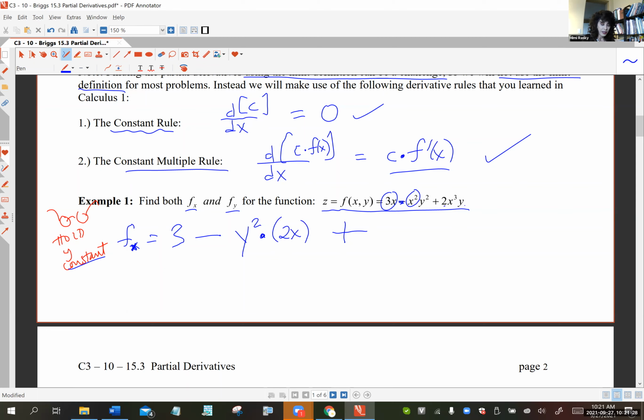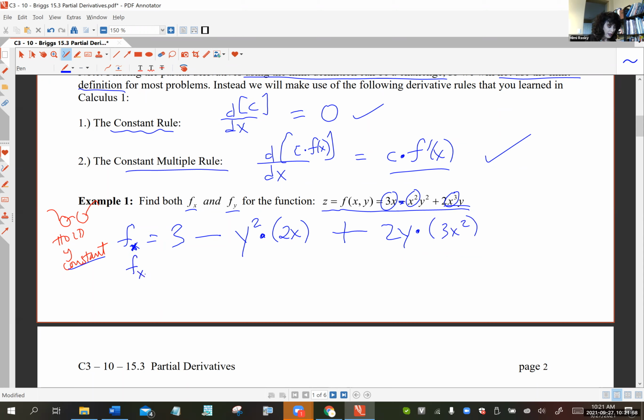Plus, now the very last term, the derivative of 2x cubed y with respect to x. So the 2 and the y together just look like some constant multiple. So copy it down for the ride, and you're going to multiply that constant multiple with the derivative of x cubed with respect to x, which is 3x squared. And then clean this up a little bit because I like to see your coefficients in front.